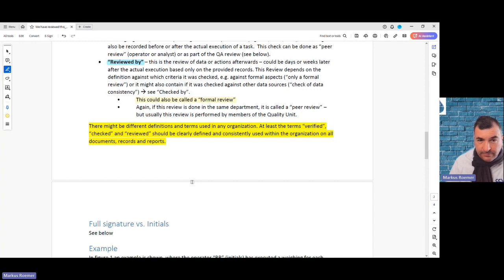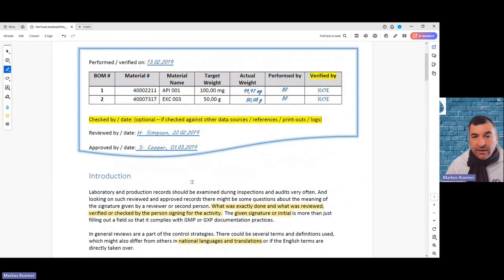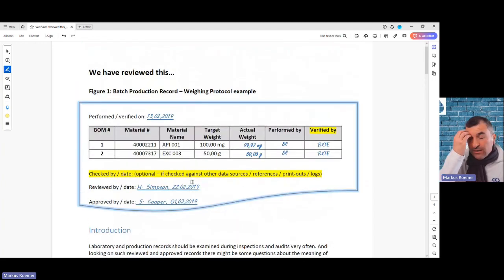We use that on a paper basis for sure. And how should initials look in electronic systems? Maybe a type of audit trail, like a single sign-on, an activity trail, or an event trail, which could replace the initials, like we have here for performed and verified by, for example.